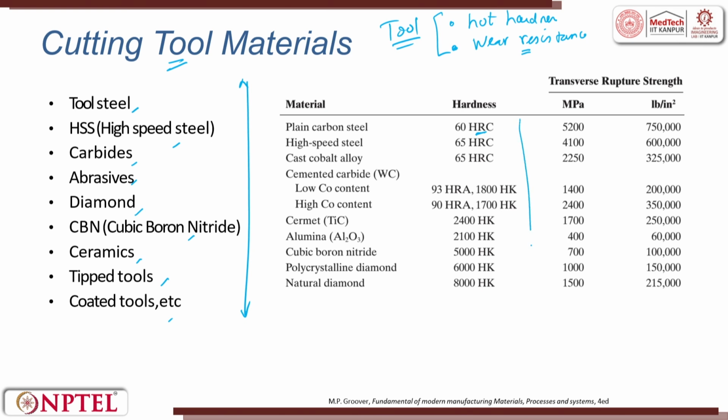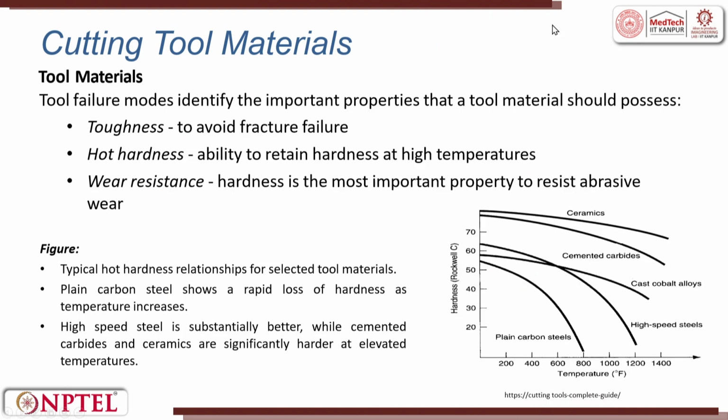The hardness is given for varying materials, so you can try to understand it. It also has to be tough, because when there is a vibration, the tool should not break. So, it has to have high toughness, high wear resistance, high hot hardness. These three properties are very important for any given cutting tool. Toughness, hardness and wear resistance are the most important properties for any given tool material.